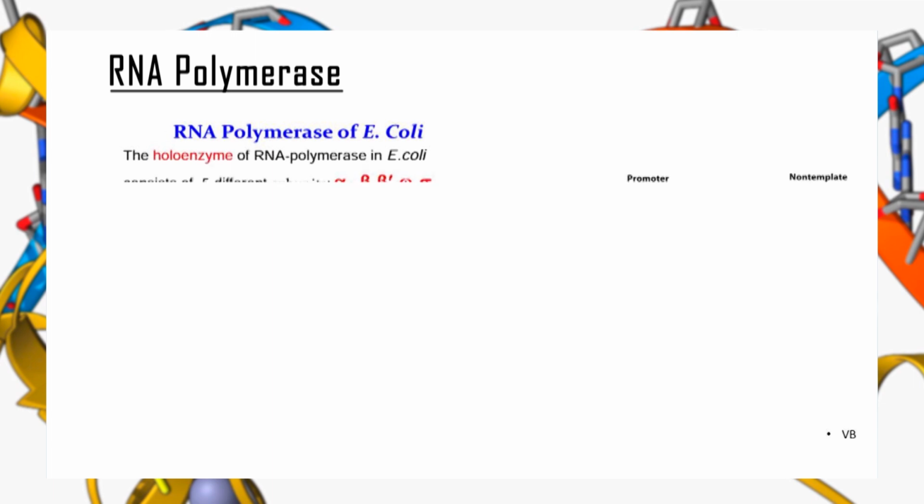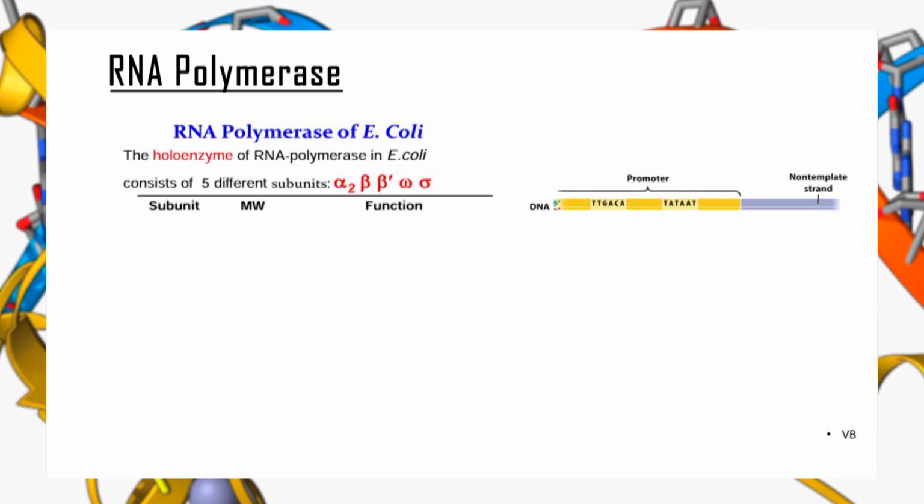Here in this picture you can see the core RNA polymerase with the sigma factor, which is the RNA polymerase holoenzyme.